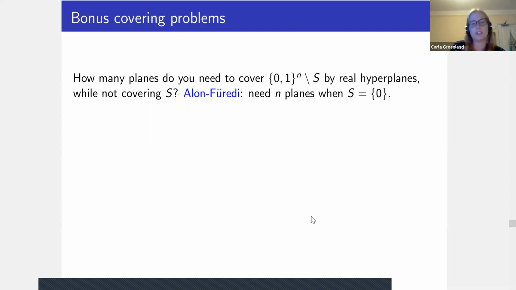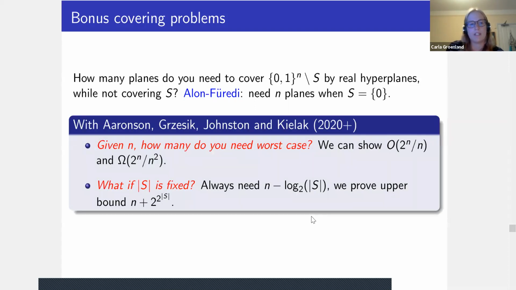But what we studied instead is what if you change this set of points that you're not allowed to cover. Together with James and Tom, and also Andrzej Grzesiak and Bartek Kilak from Krakow, we looked at the question of what if we allow larger sets of points, where we need to cover everything except S, but we can absolutely not cover S.